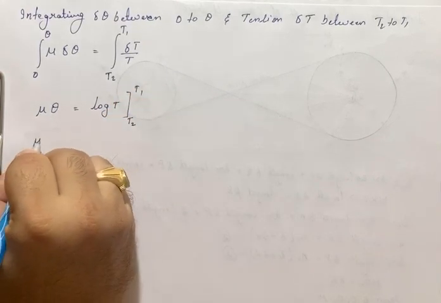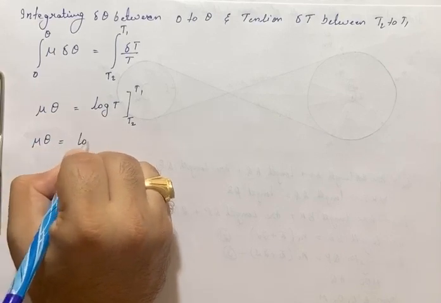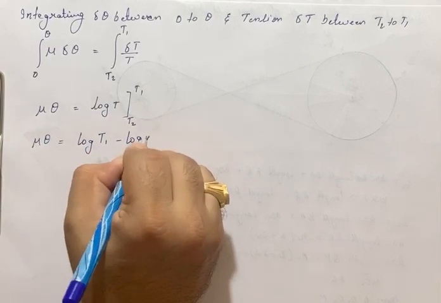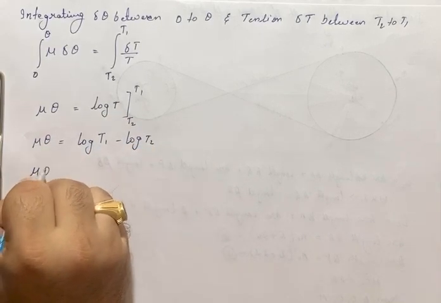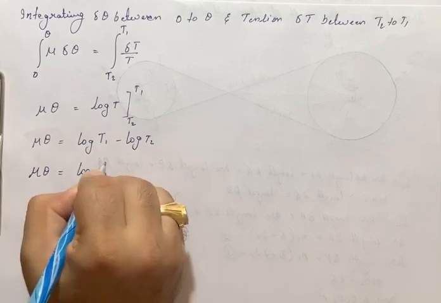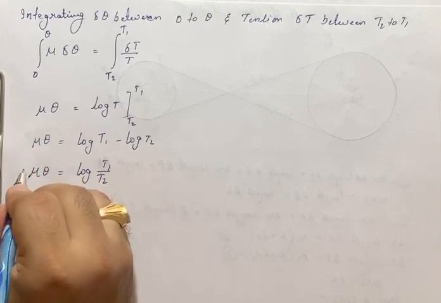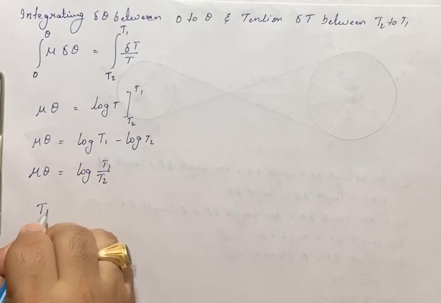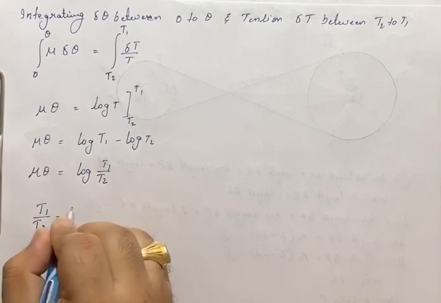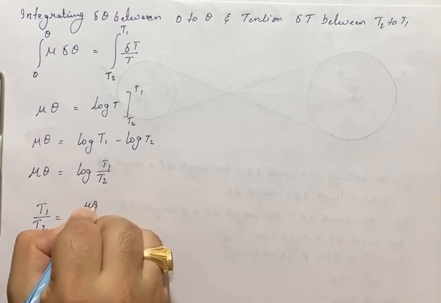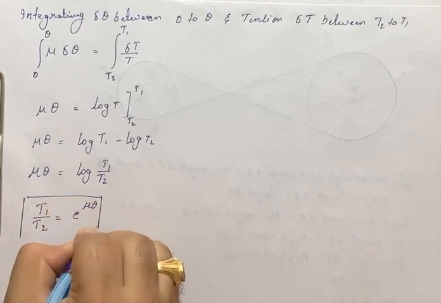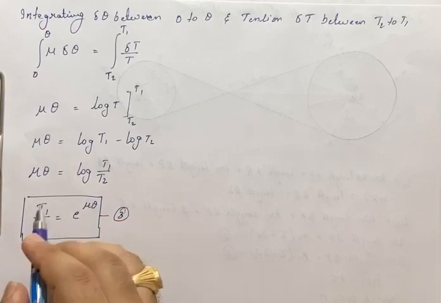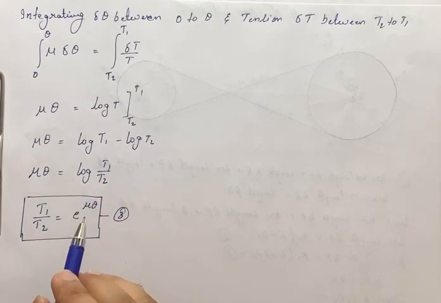So mu into theta equals log T1 minus log T2. So mu into theta will be log of T1 by T2. So I can write T1 by T2 equals e power mu theta.